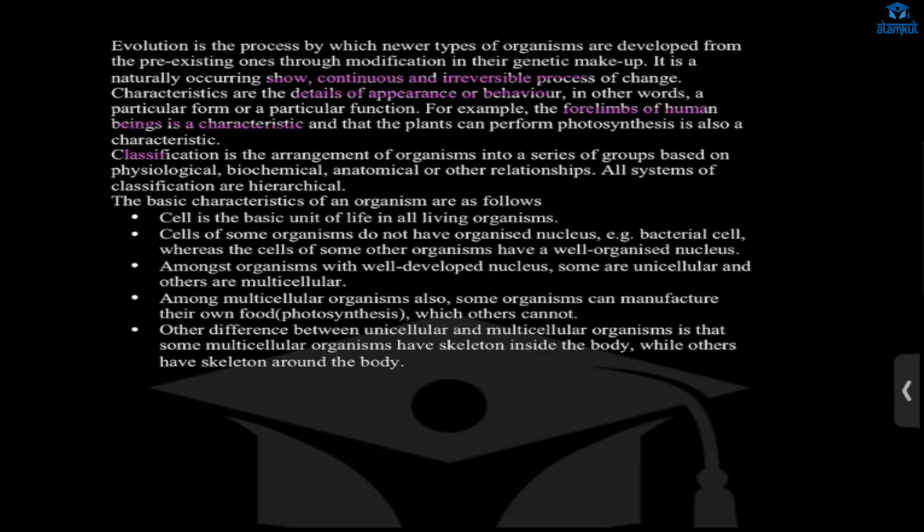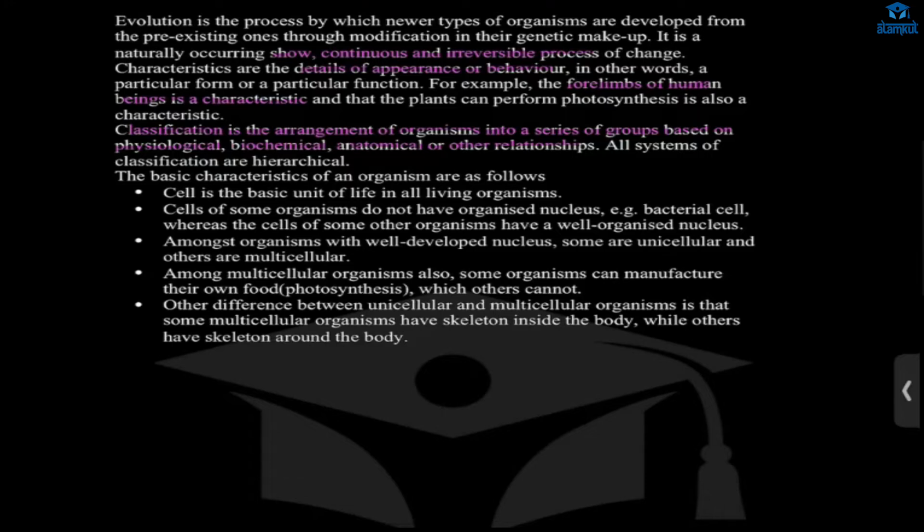It is the arrangement of organisms into a series of groups based on these characteristics, physiological, biochemical, anatomical, and other relationships. And this is hierarchical, meaning they are in stages.